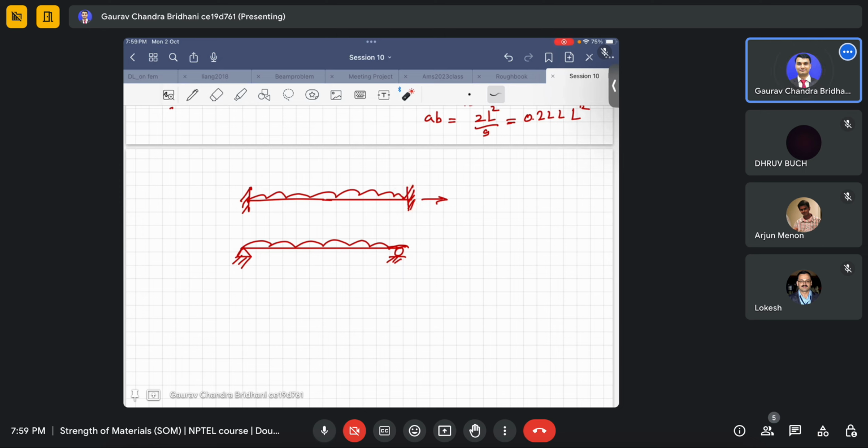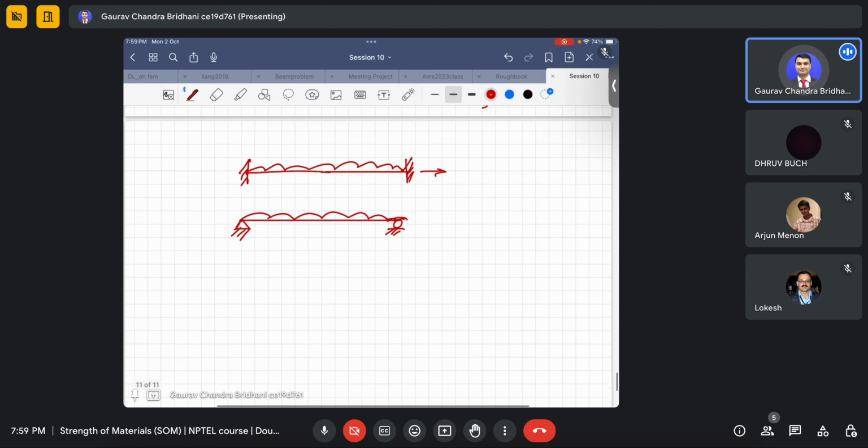Another point is if you are making a structure which will be subjected to a lot of environmental loading, by environmental I mean freeze and thaw or temperature loading, or lack of fit cases. Lack of fit means, let me give a very small example. Suppose this is a truss, a 3-member truss, having a load like this.